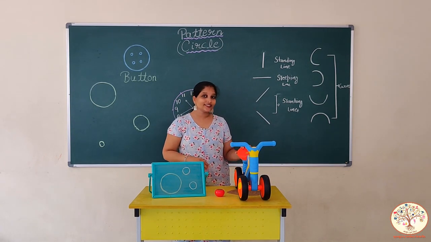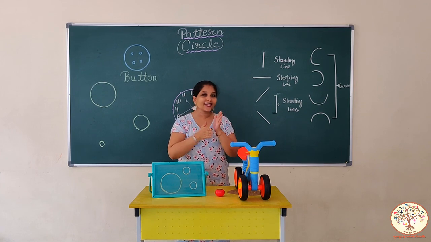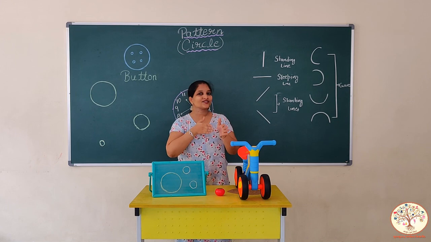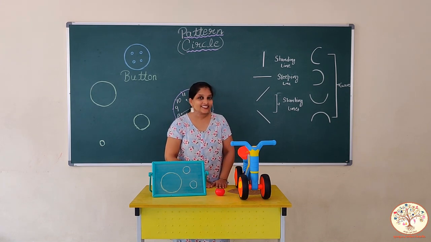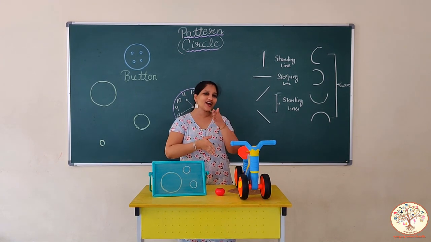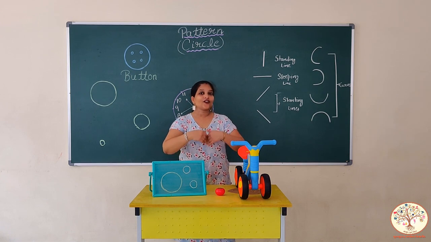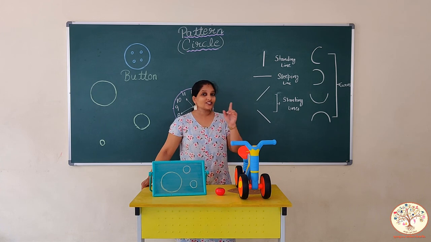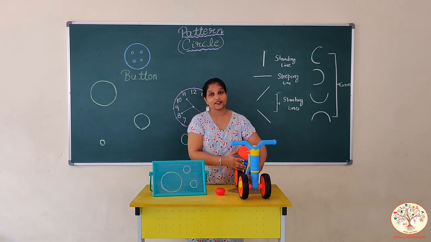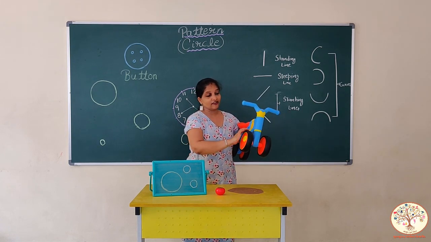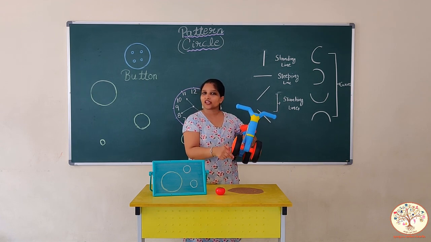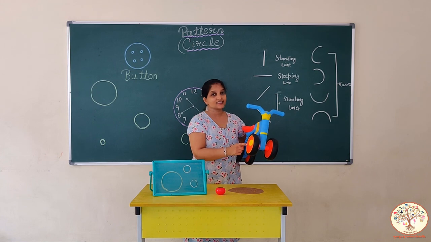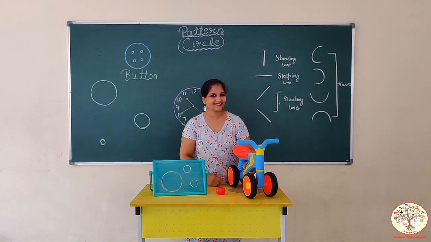The wheels on the bus go round and round, all through the town. So kids, remember always, any object that is round in shape is known as a circle.